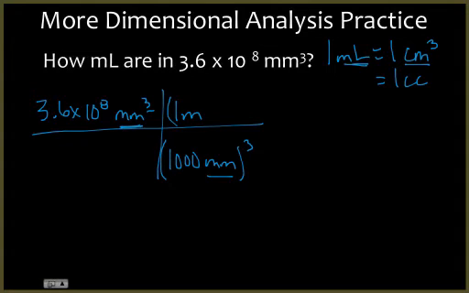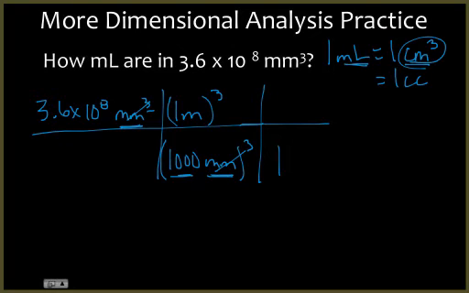Now the thing you have to remember though is whatever you do to the unit, you have to do to the whole thing. So when I cube this unit here, I also have to cube that 1,000 that's there. Okay, so that takes care of my millimeters cubed. But now I'm in meters cubed, I need to be in centimeters cubed so I can change it to milliliters. So my next step now is going to be to get rid of the meters.